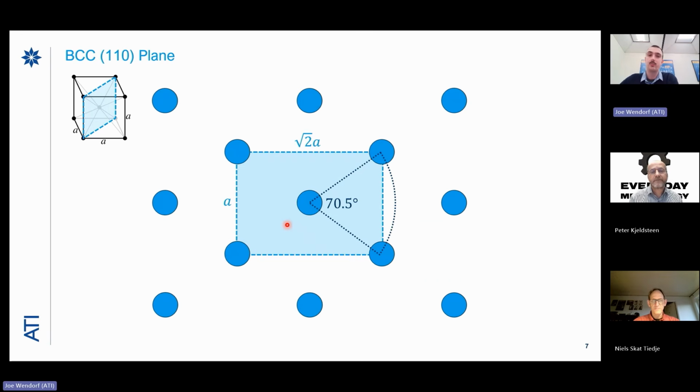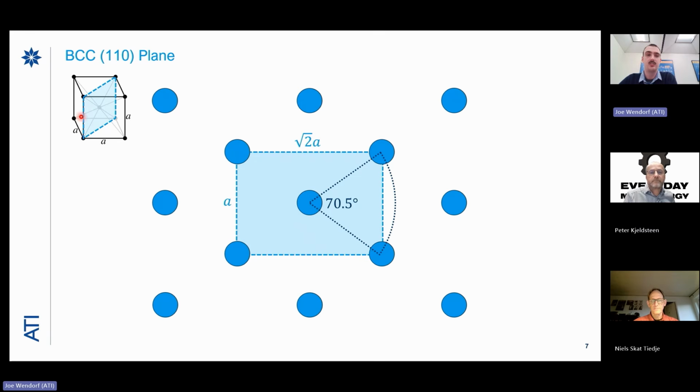So when we're at high temperature and the material is in this BCC beta phase, there's a Martensitic transformation that it goes through, where there's a relationship between the beta phase and how it transforms into the alpha phase. So I'll explain that here. Here is the 110 plane of the BCC crystal structure.